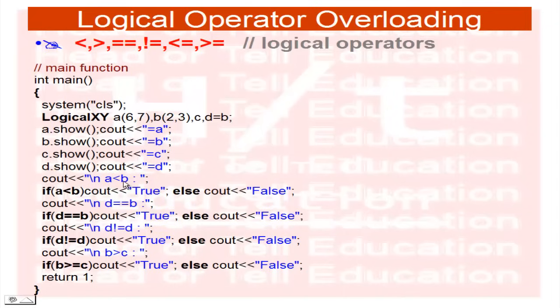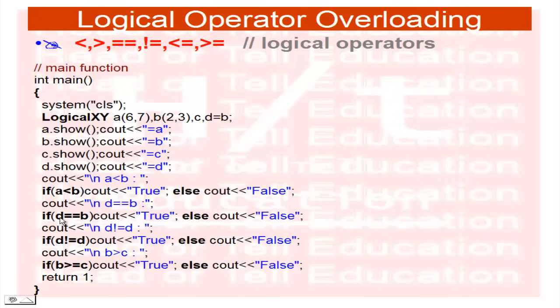Here I am printing cout a less than b. The value of my class object a is 6 and 7, and b is 2 and 3. If the standard less than operator works for my class, what should the output be? 6 is less than 2 and 7 is less than 3, so the output comes false, because a is greater than b.